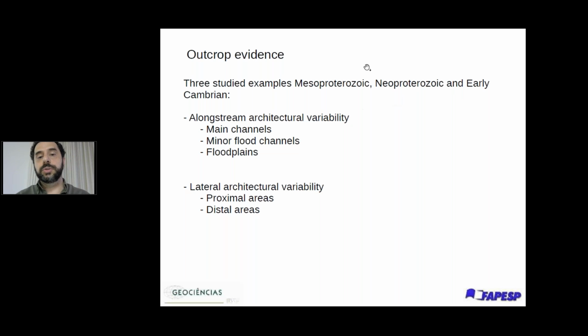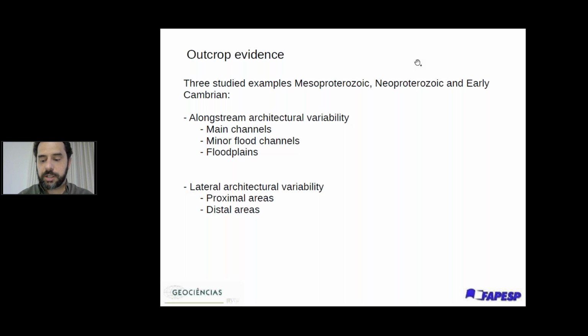All those 3 are just gently deformed, not really metamorphosed. We can't go into much detail regarding sedimentary structures and detailed interpretation, so we are talking in broad terms just about main channel successions, minor shallow channels, and floodplain deposits, and trying to understand how that varies both along stream and laterally.